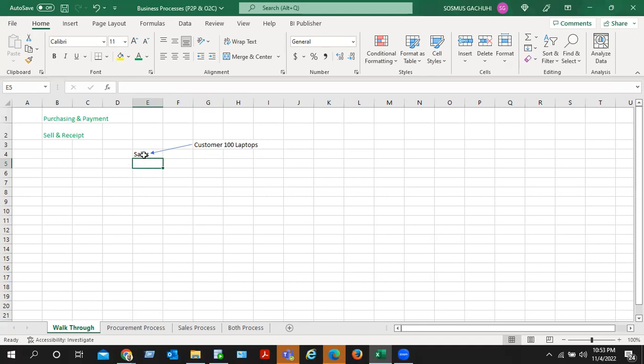Then once the sales department of your organization receives this information, it will contact your inventory department.